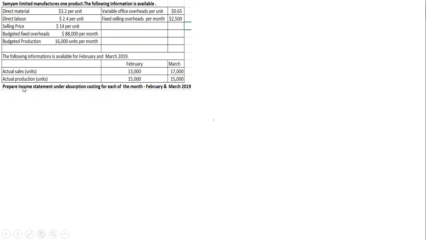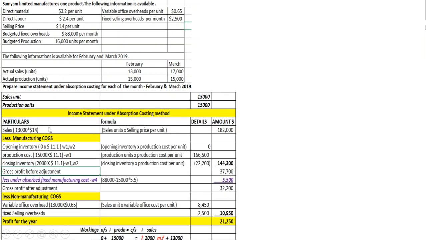The question is asking you to prepare the income statement under absorption costing for each of the months February and March. I will be focusing on February. You will have to try to solve March, though the answer is in this presentation. Okay, let's begin. So this is our income statement format.